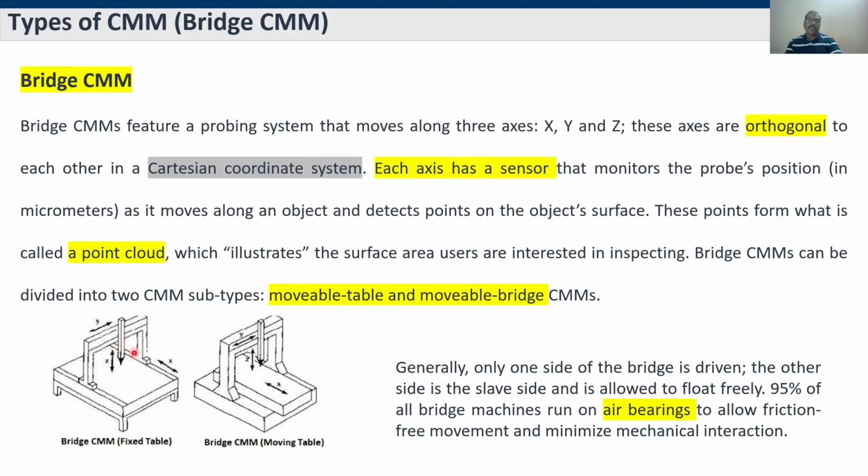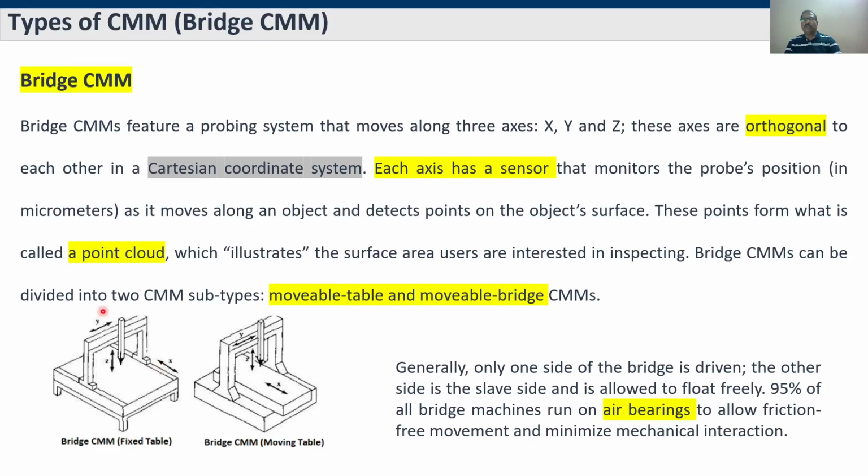The only difference is how the X-axis works: whether this setup, the vertical column, moves along the table, or the vertical column is fixed and the table moves. The table moves in the X-axis, or here the vertical column moves along the X-axis.